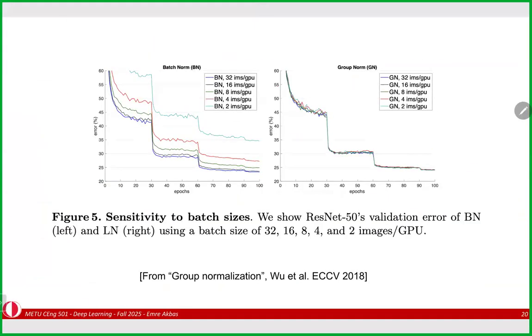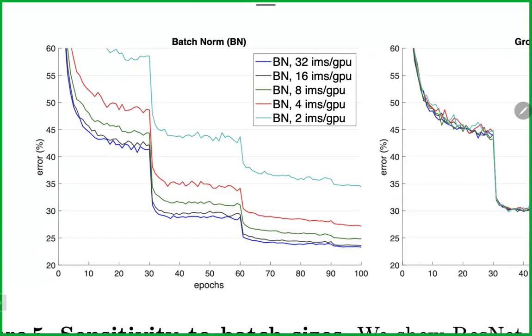And this is a plot from the group normalization paper. On the left, you see the batch normalization through epochs. And different colored curves show different batch sizes here. As you can see, the largest error is with this batch size of 2, and the lowest error is with the batch size of 32.